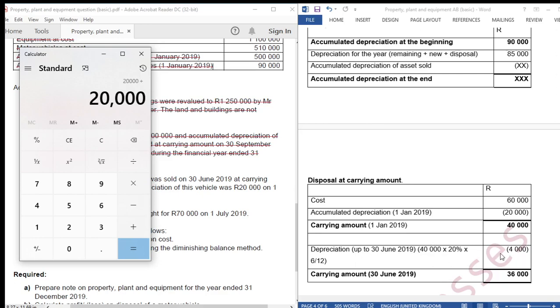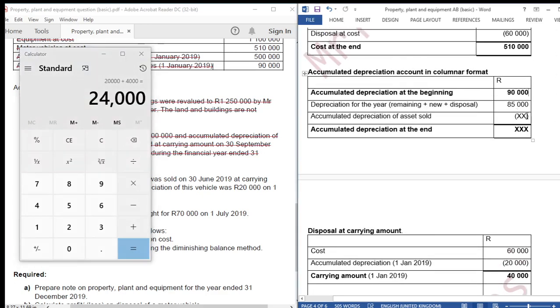So we should add this depreciation. We should not just take the 20,000. It was not sold on 1 January 2019. So we add 4,000 to get 24,000.